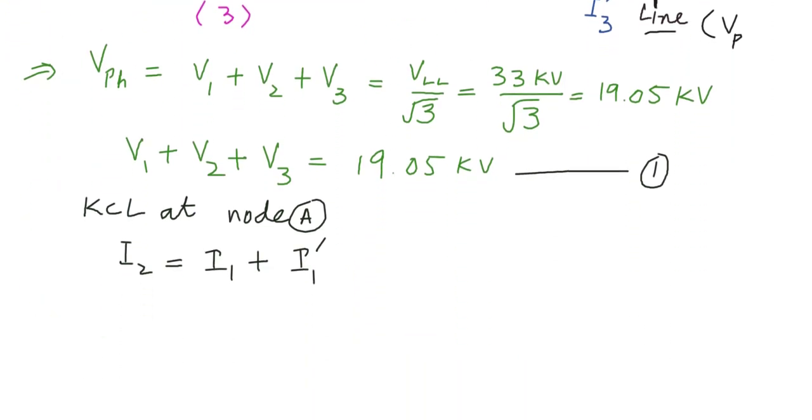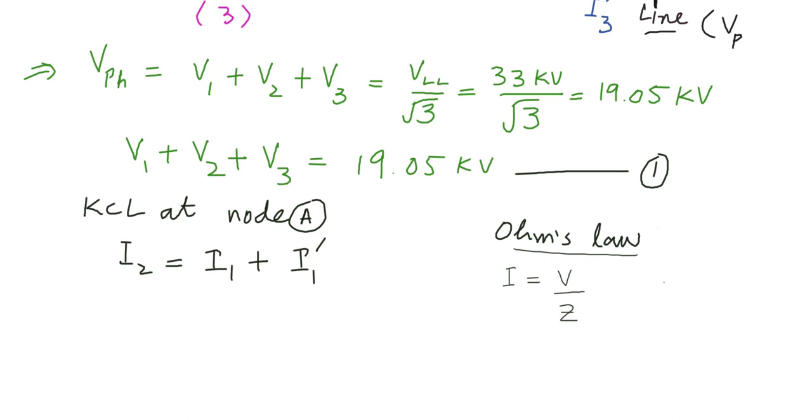As you know from Ohm's law, current is equal to V over the impedance. Now here we are talking about capacitors.